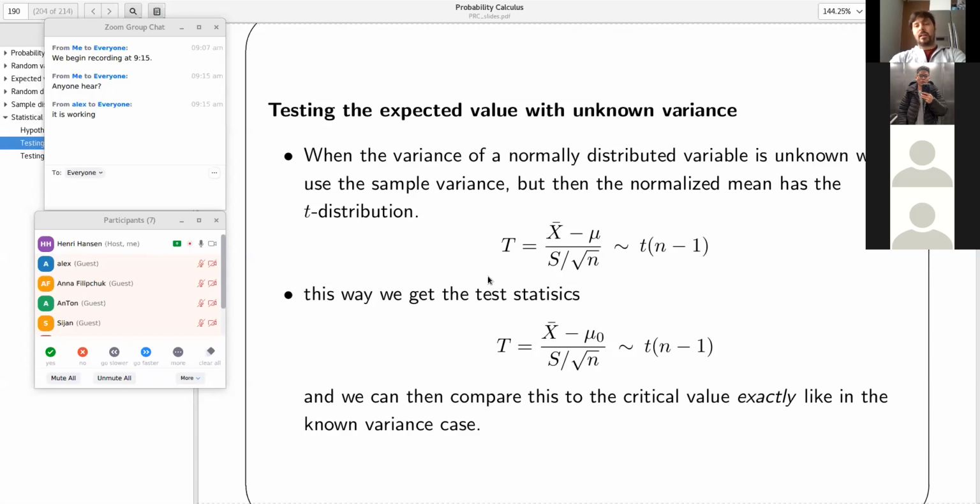Instead, we use the s here, which is the sample standard deviation, and we test it against the hypothesized null hypothesis expected value. But here we use the t distribution with n-1 degrees of freedom. We can compare this to the critical value exactly like in the known variance case.